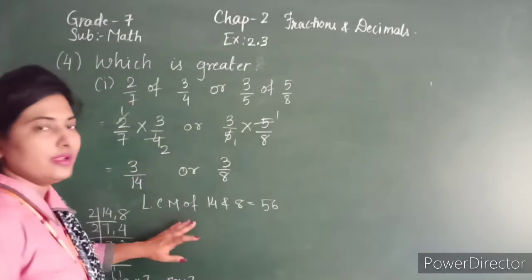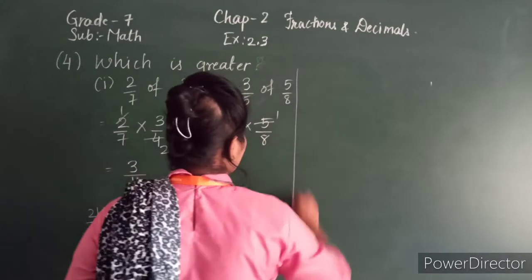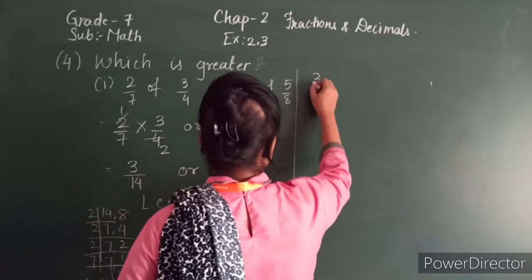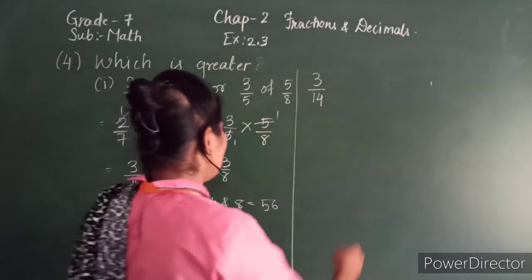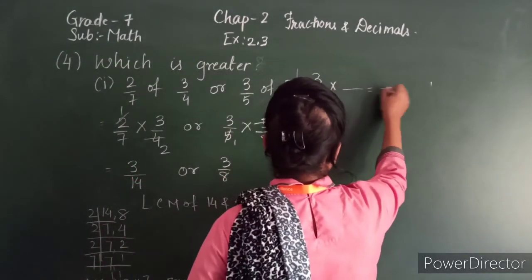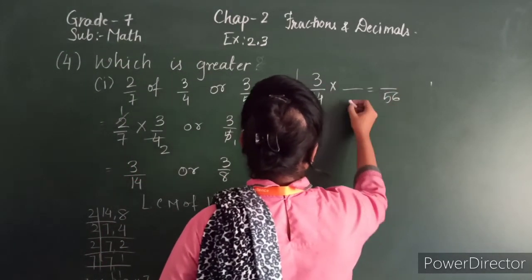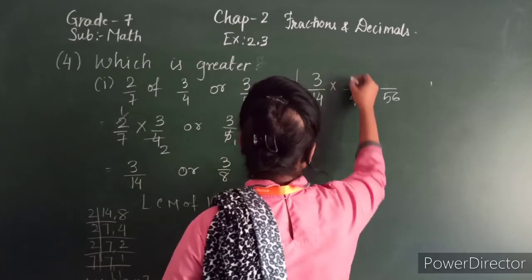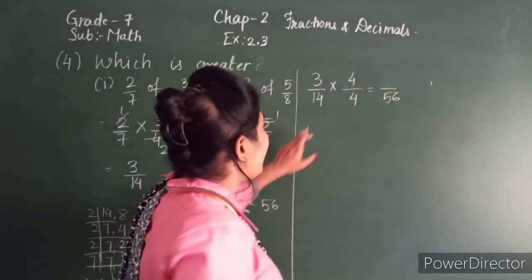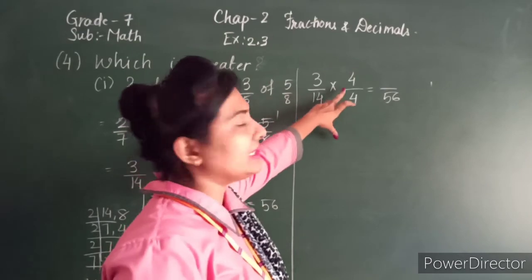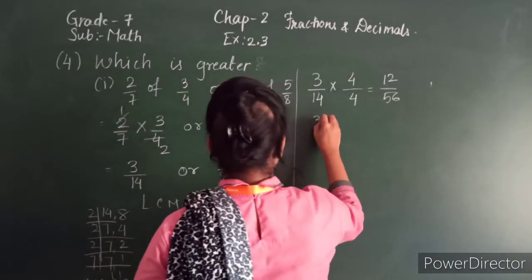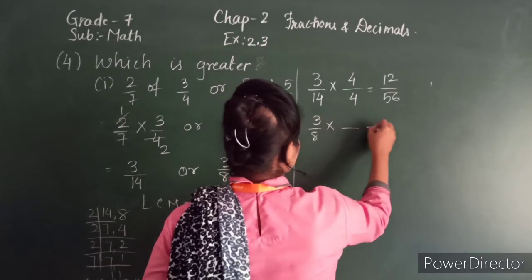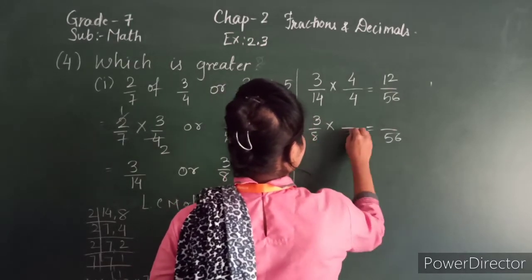Now we have to make the denominators equal. 14 4s are 56. So here if we multiply the denominator with 4, we have to multiply the numerator with 4. So 3 4s that is 12 upon 56. Then 3 upon 8: here 8 7s are 56.